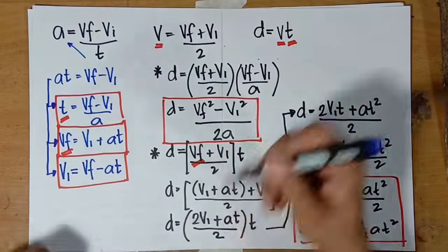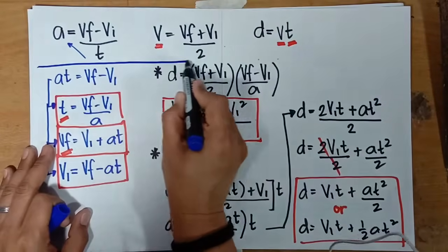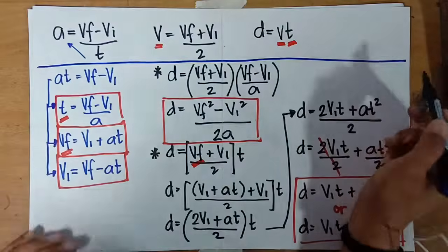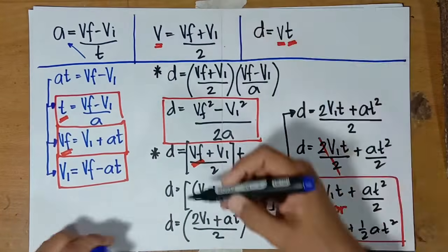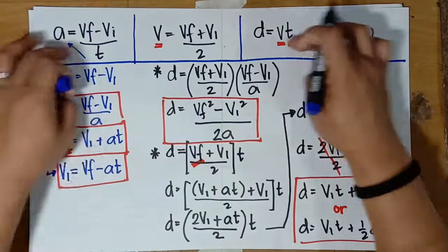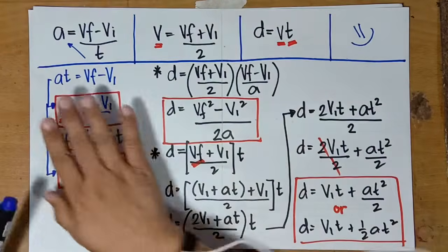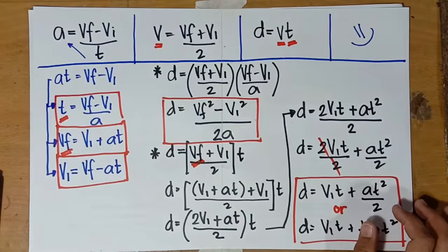So let me put here a borderline. There you go. With these 3 formulas, you can get the other derived formulas.